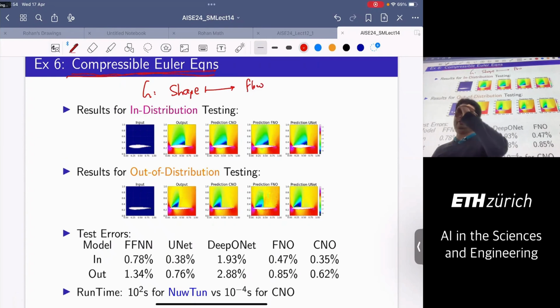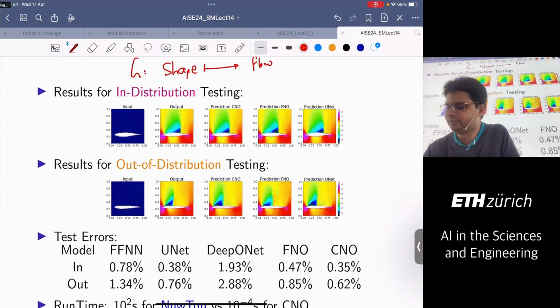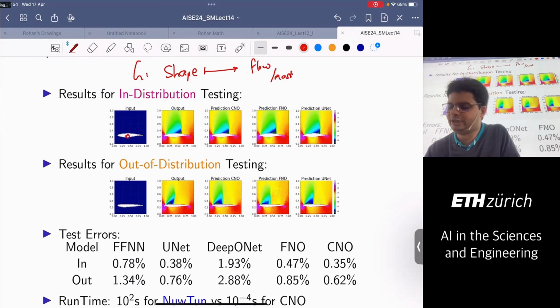Okay, so that is the definition. And what is the shape here? The shape is defined in terms of the shape of the airfoil, which is given as a mask. Okay, so it gives you 0 values here and 1 values here. It's like a mask. That is the input, and you check it in distribution and out of distribution.